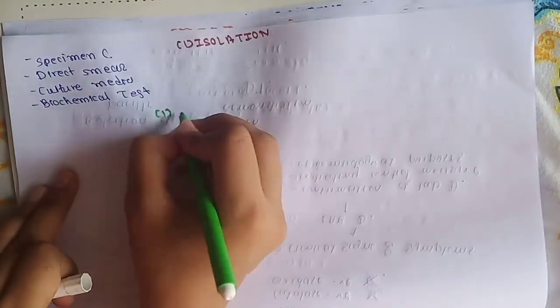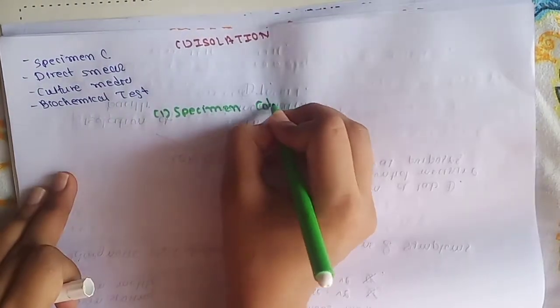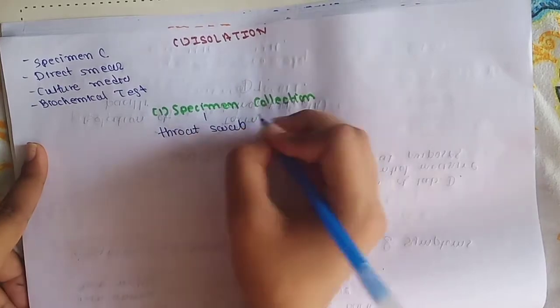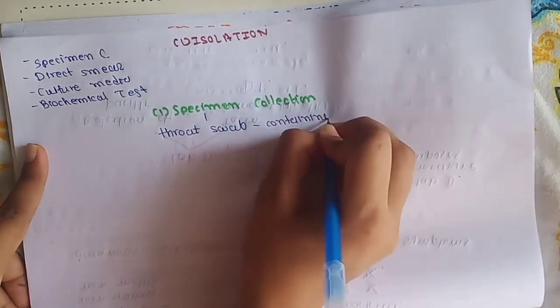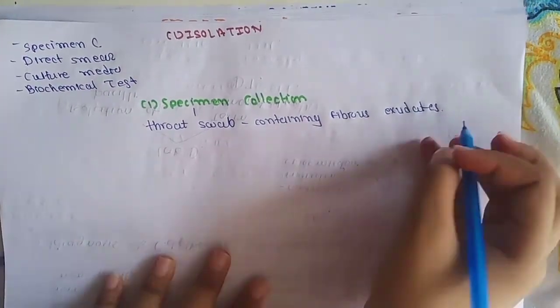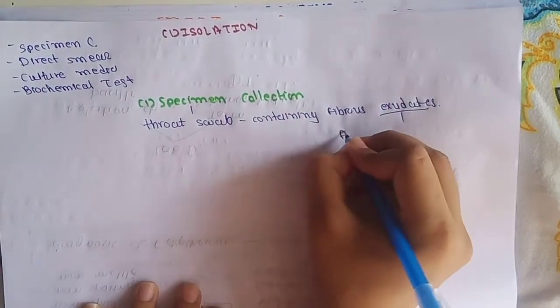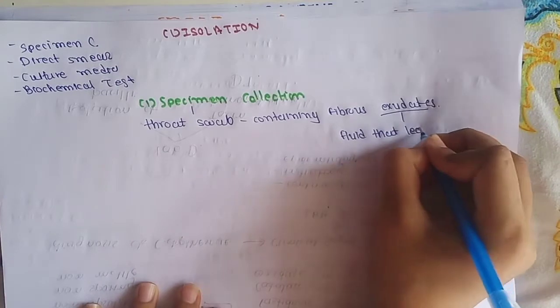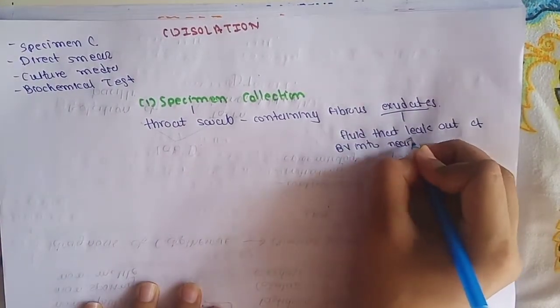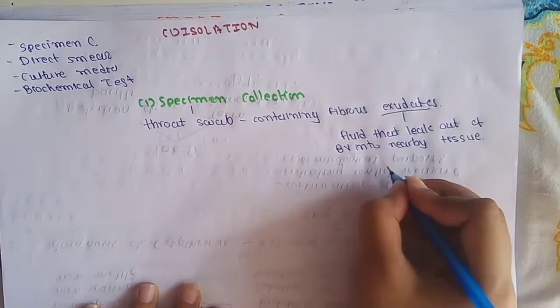Let's talk about the very first method, specimen collection. The very common specimen is throat swab collection containing the fibrous exudate. What is exudate? Exudate is the fluid that leaks out of blood vessels into nearby tissue, and here we are taking fibrous exudate.